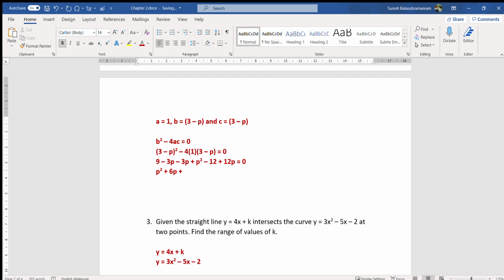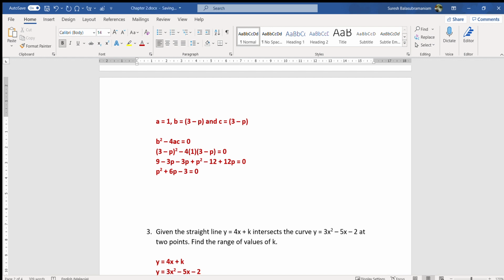Hold on, 9 minus 12 is negative 3, so I'll get minus 3 equals to 0. Okay, I'll double check. P squared plus 6p minus 3 equals to 0.